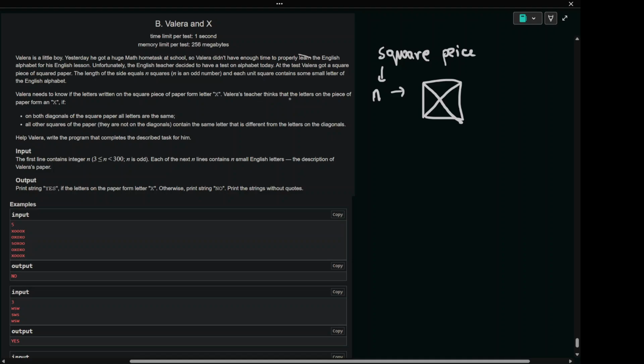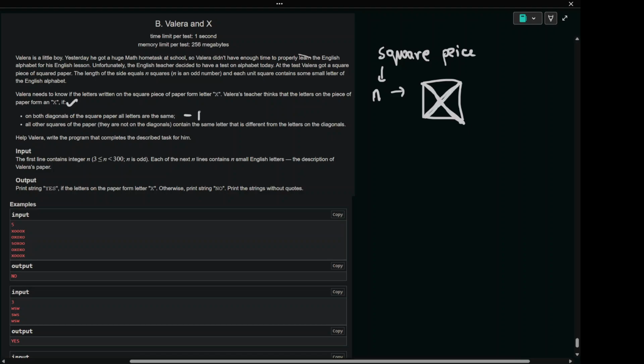Valera's teacher thinks that the letters on the piece of paper form an X if on both the diagonals of the square paper all the letters are the same. So what are the diagonals of the square? It's this, right? So all the letters on the diagonal should be the same.